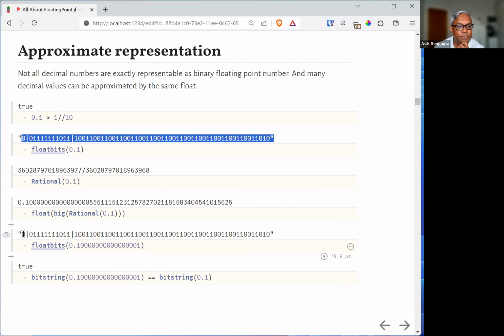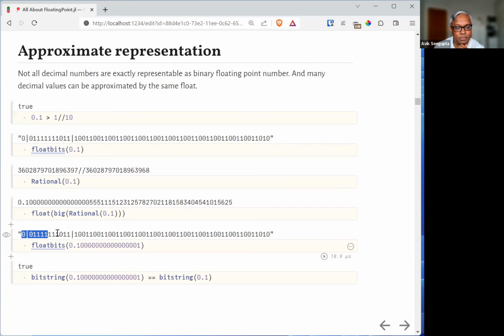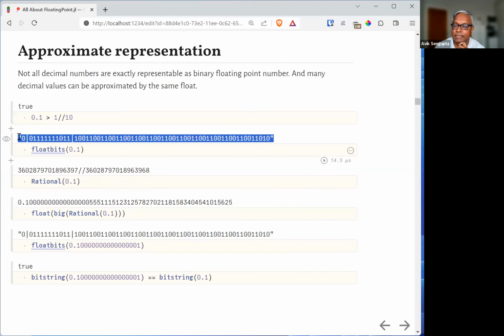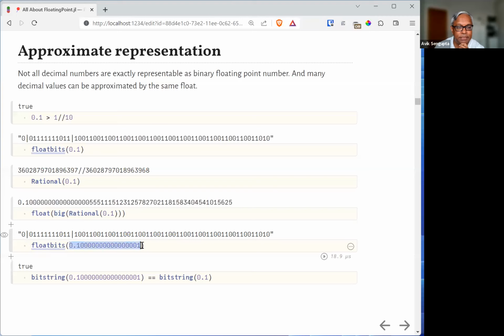Float bits of 0.1000 and so on 1 is this number here, or this representation here. And this and this are exactly the same. So a computer cannot differentiate between 0.1 and this number here, because their bit strings are exactly the same.